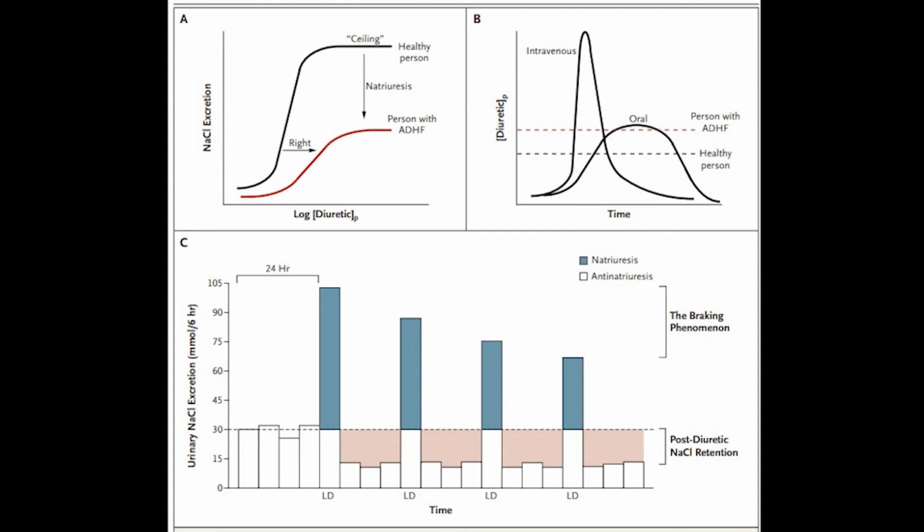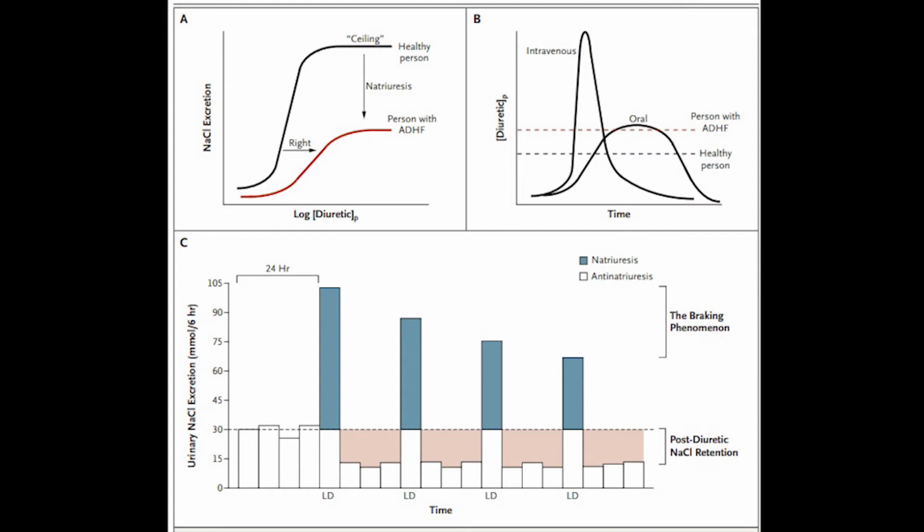But all of that is limited if patients have a small ceiling, and that has to do with the loop diuretic characteristics more than the concentration. IV administration achieves a higher plasma concentration because there's more bioavailability, but it could still lead to a shorter duration of action.